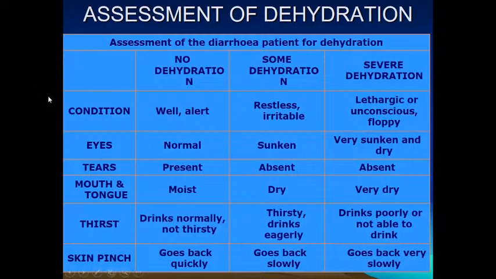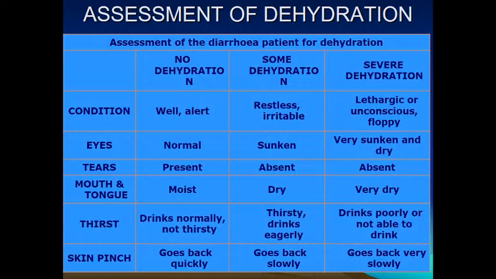This is how we will classify it. We look at the condition of the patient. If he is well and alert, there is no dehydration. With further dehydration, he is restless, irritable, and then he can become lethargic or unconscious. Eyes, if they are sunken or very sunken, denote the scale of dehydration.